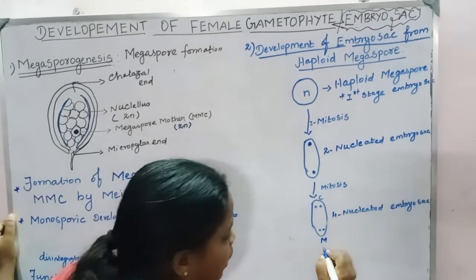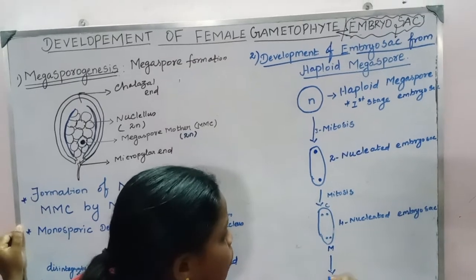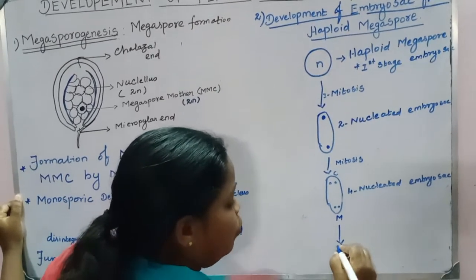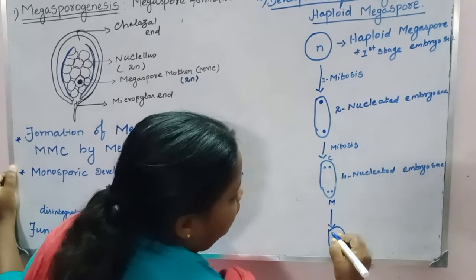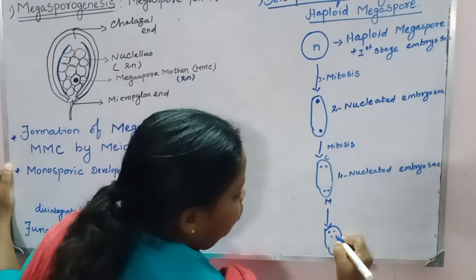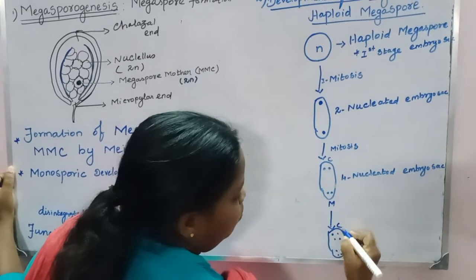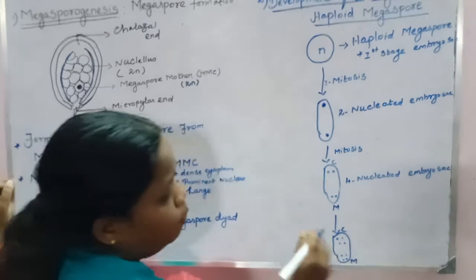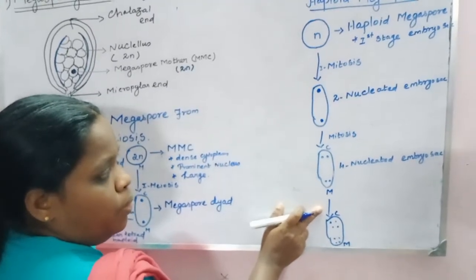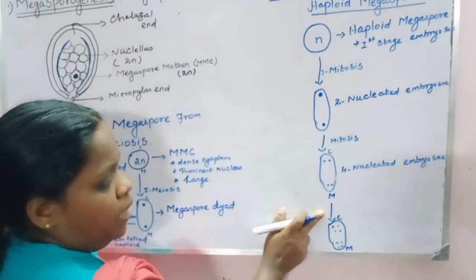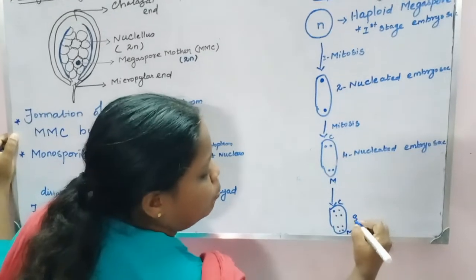Then again it undergoes mitosis. Then it forms an eight-nucleated embryo sac, with four nuclei at the chalazal end and another four nuclei at the micropylar end. The four-nucleated embryo sac undergoes mitosis cell division, then it becomes an eight-nucleated embryo sac.